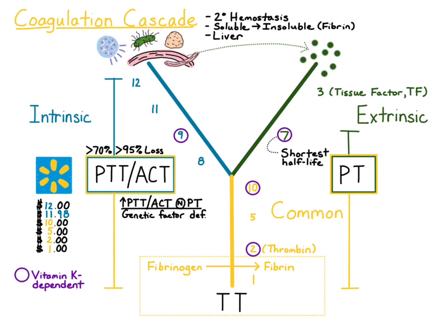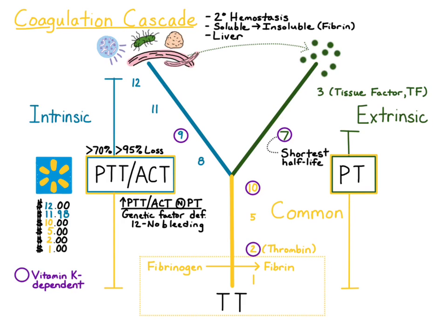This could be a factor 12 deficiency. This most commonly occurs in cats, but this factor deficiency doesn't tend to cause bleeding. So you have this prolonged PTT, but you don't have evidence of clinical bleeding in a cat.